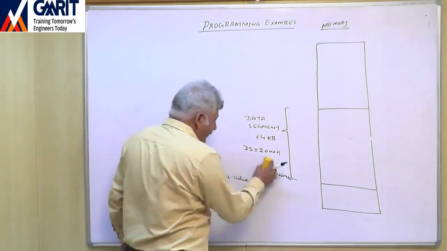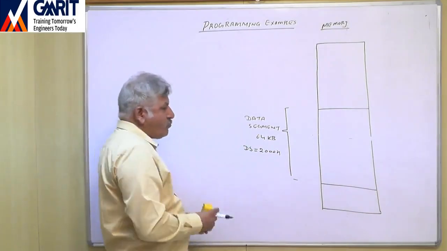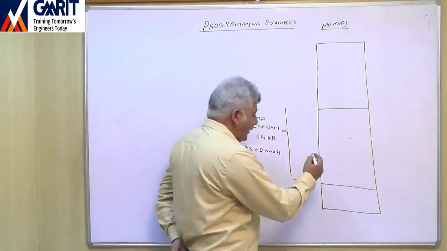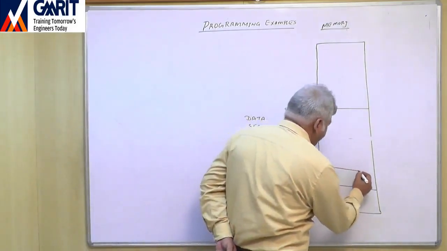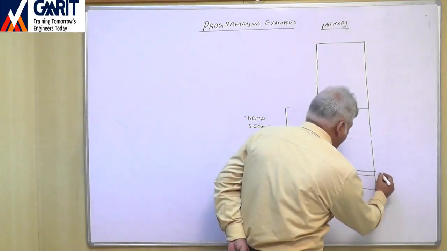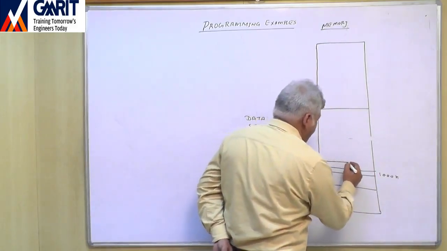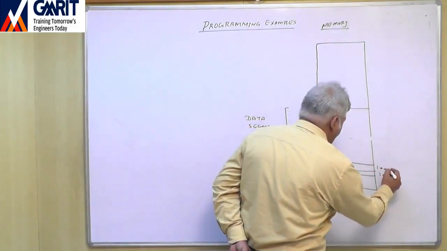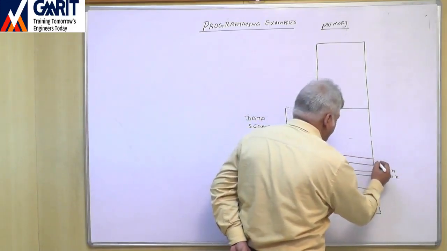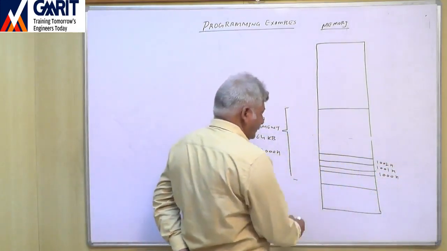Now in this data segment, let us assume we have three 8-bit numbers stored at three different offset addresses, and let us assume these offset addresses are 1000H, 1001H, and 1002H.